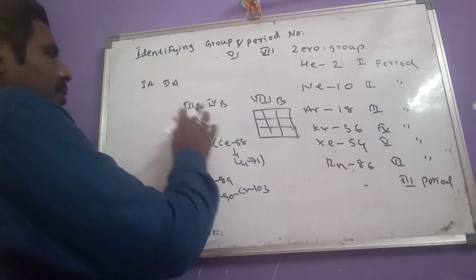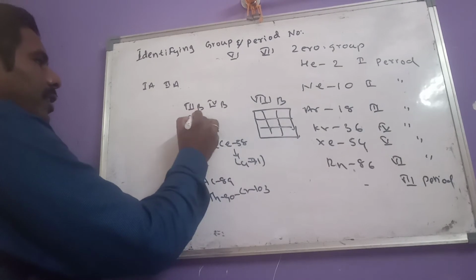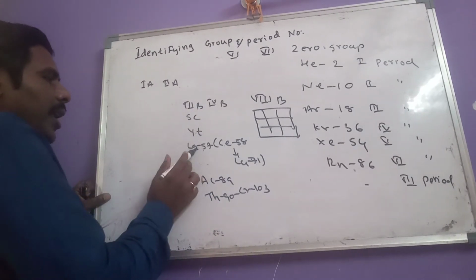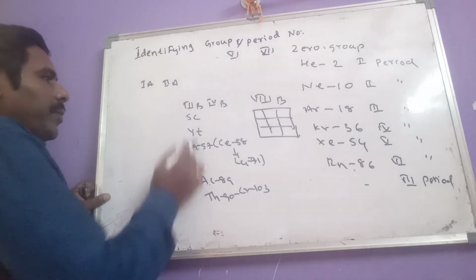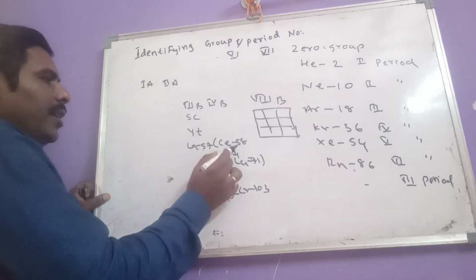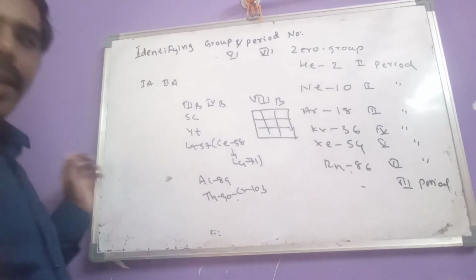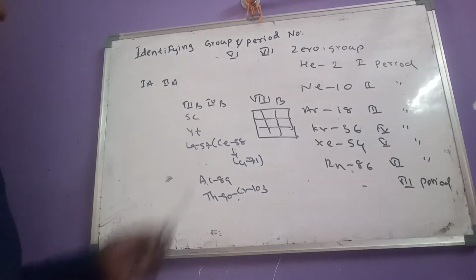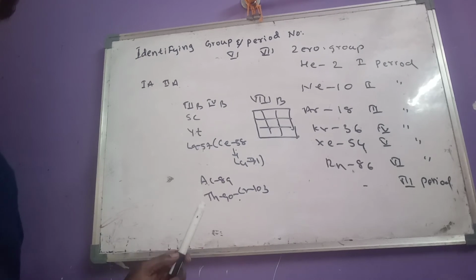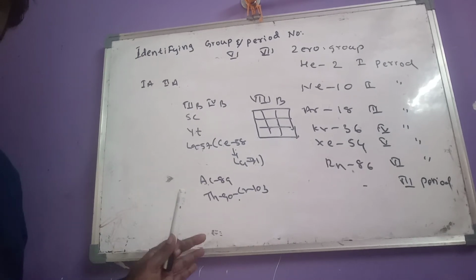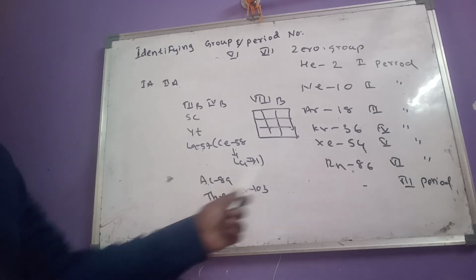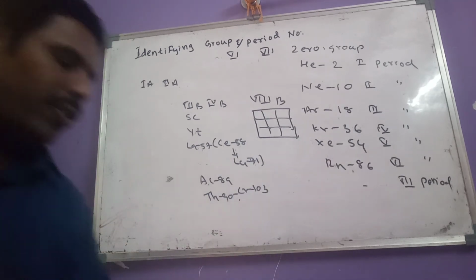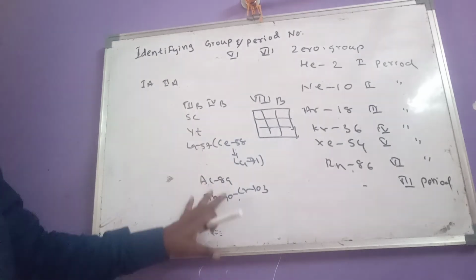First scandium 1 and yttrium 2, lanthanum and actinium. These four elements plus 14 plus 14, 28, plus 4, 32 elements. That means third B group contains 32 elements, and the sixth period also contains 32 elements. So we have to remember these.